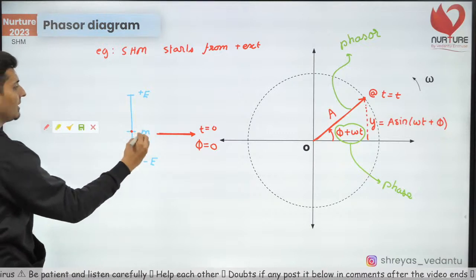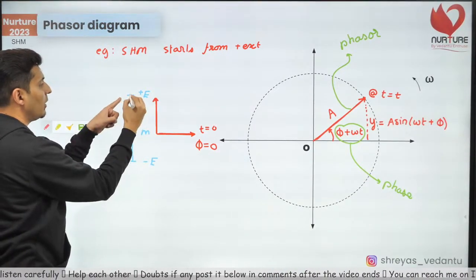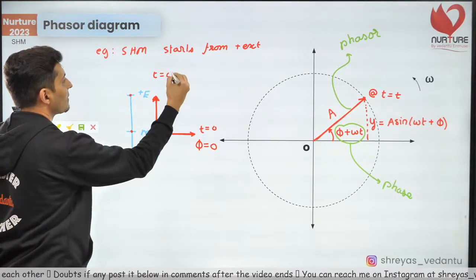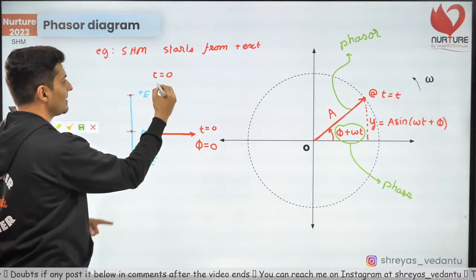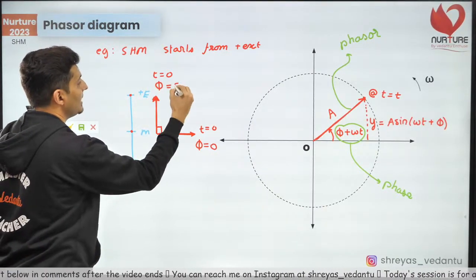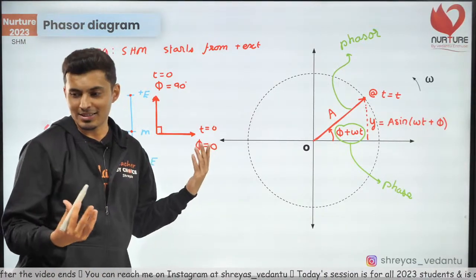Then it just means one thing. My phasor will be here, so that the projection falls over here. That means at t is equal to 0, if your phasor is here, the initial phase angle is how much? 90 degrees. It is 90 degrees or pi by 2 radians.